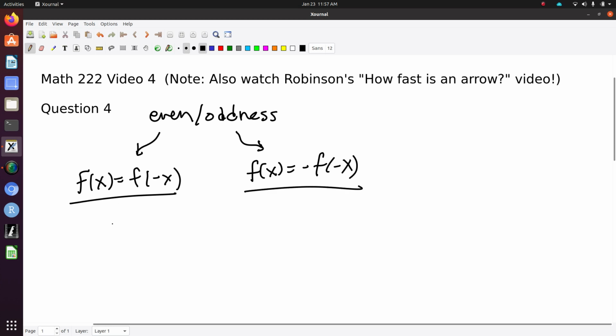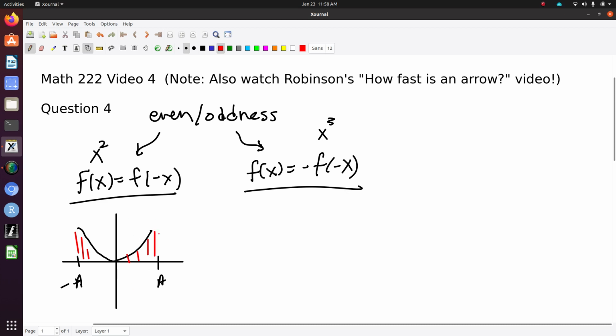When you're looking to do an integral from minus a to a of an even function, you could just do half of that integral. Think of an even function like x squared, or an odd function like x cubed, which are good candidates to have in your mind. The integral from 0 to a is going to be the same as the integral from minus a to 0.